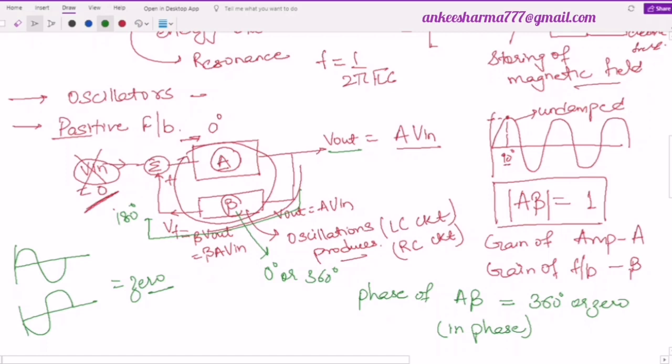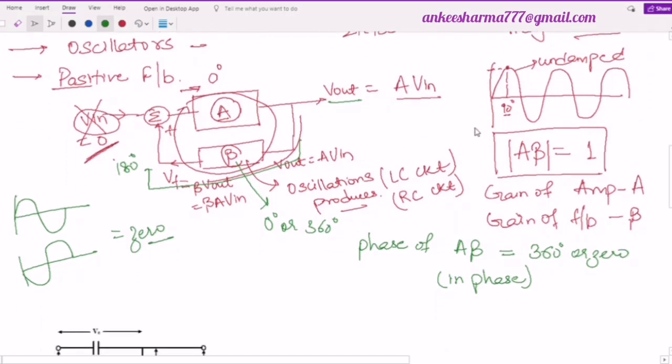These two criteria are defined by a scientist, Barkhausen, and they are named after him. That is the Barkhausen criteria for the oscillators. Now what is this Barkhausen criteria? These are the two criteria.